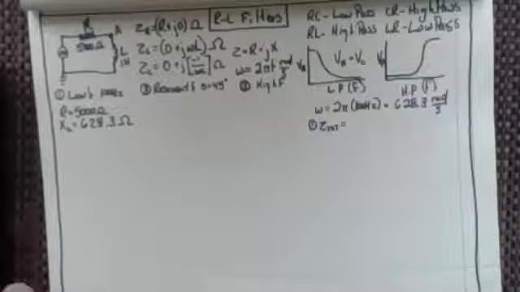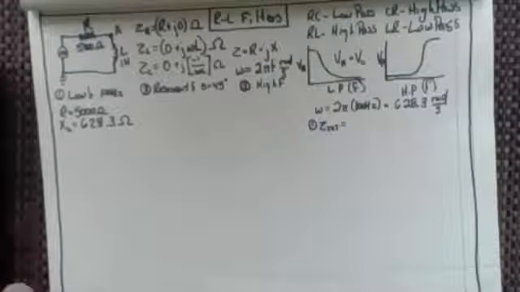We would expect it to be very close to 5,000. That would be 5,039 ohms at an angle.